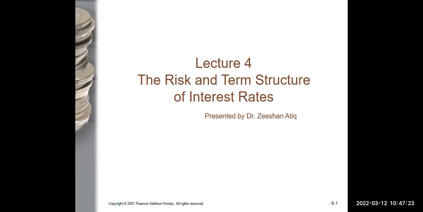Say, for example, if your rating is not very stable, or you don't have an AAA rating, you might not get money from the market at lower interest rates, because people do not want to take risk with you. As in one of the examples we discussed in earlier classes, take one particular bond issued by Pakistan's economy versus one from developed economies like Europe, the UK or the US.